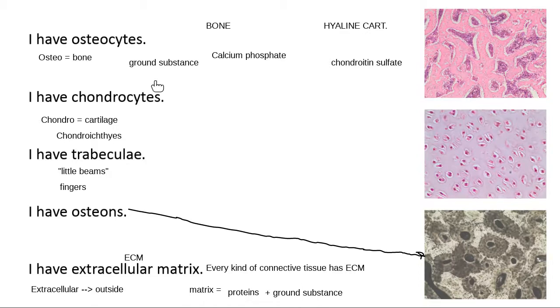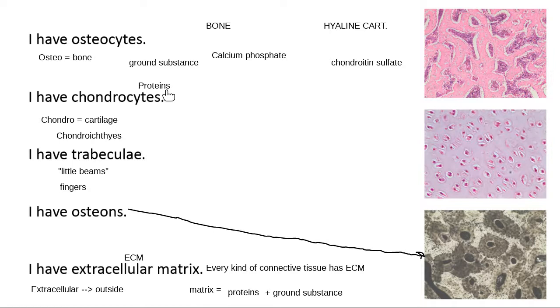Okay, so we've talked about half of extracellular matrix. We talked about the ground substance. The other thing that we said we had in extracellular matrix were proteins. So we'll make a list for ourselves here too, that the other thing that we're going to compare between bone and hyaline cartilage is the proteins.